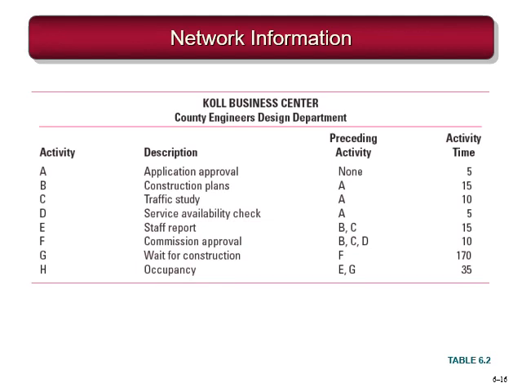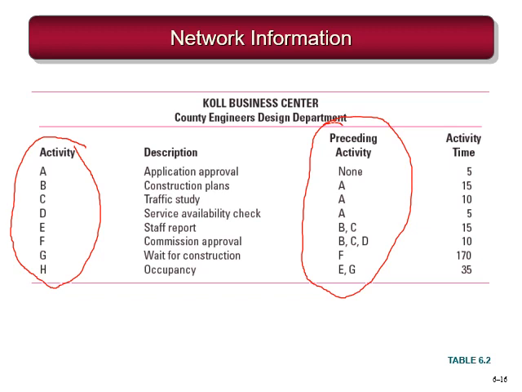So again over here we take a look at some information about a project network. We have activities A to activity H. So we have the activities here, then we have the preceding activities where we get the relation, and we also get the timing of each of the activity.